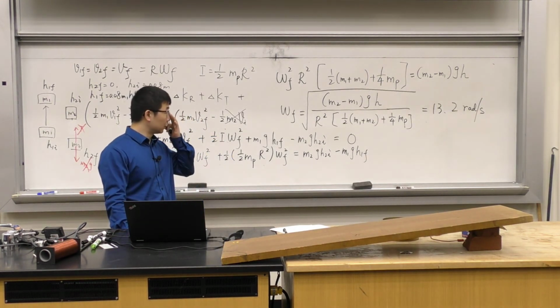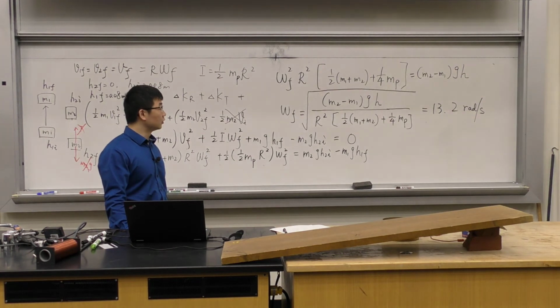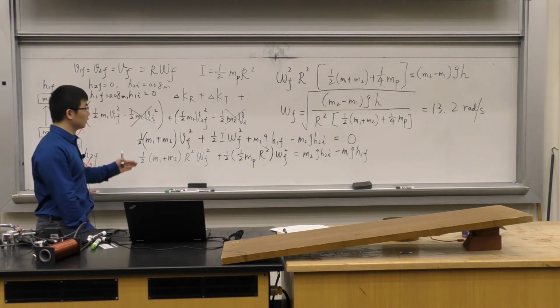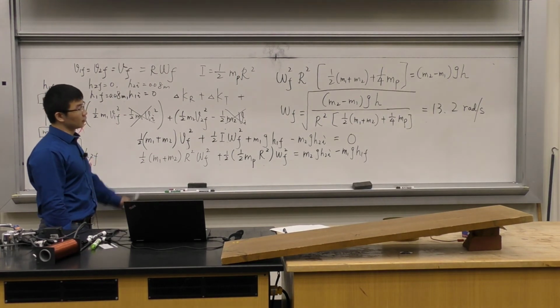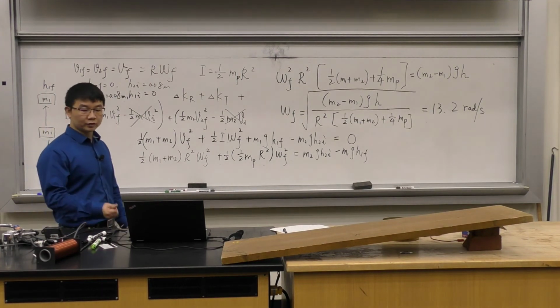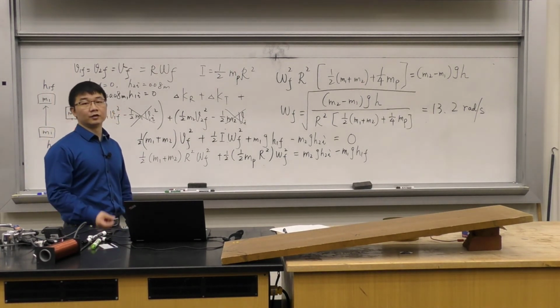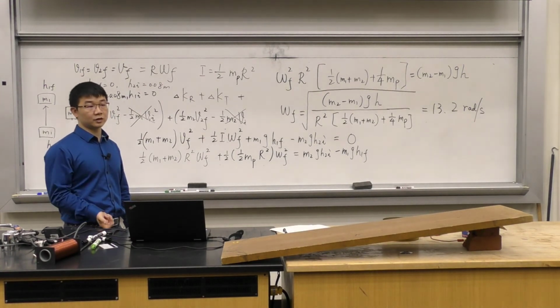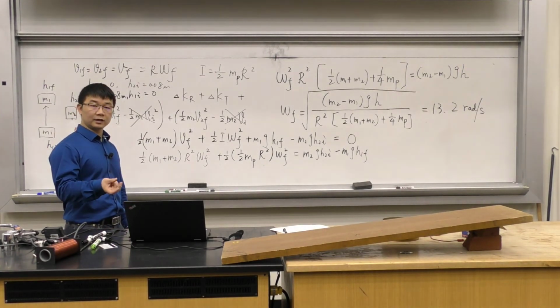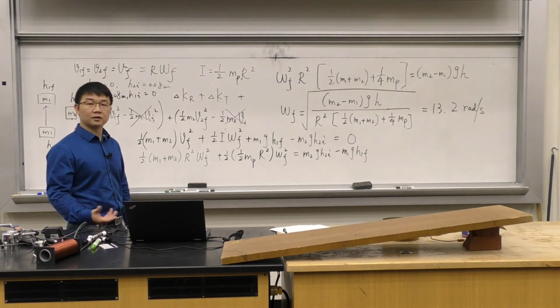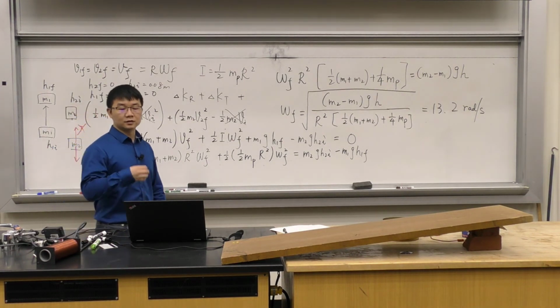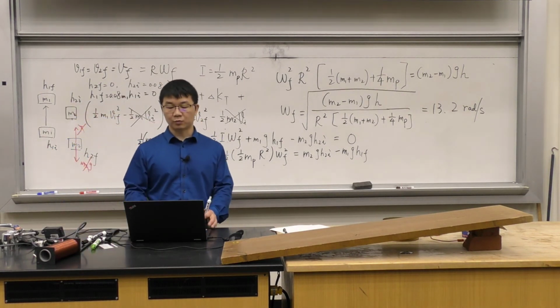Okay, so this is another problem for conservation of energy, but we do have a linear kinetic energy and rotational kinetic energy. The only difference when you have a system is that if there's a rotating object or rolling object, you're going to write down the kinetic energy for that object, and then that's it, right? The rest is the same as what we did in the energy part.